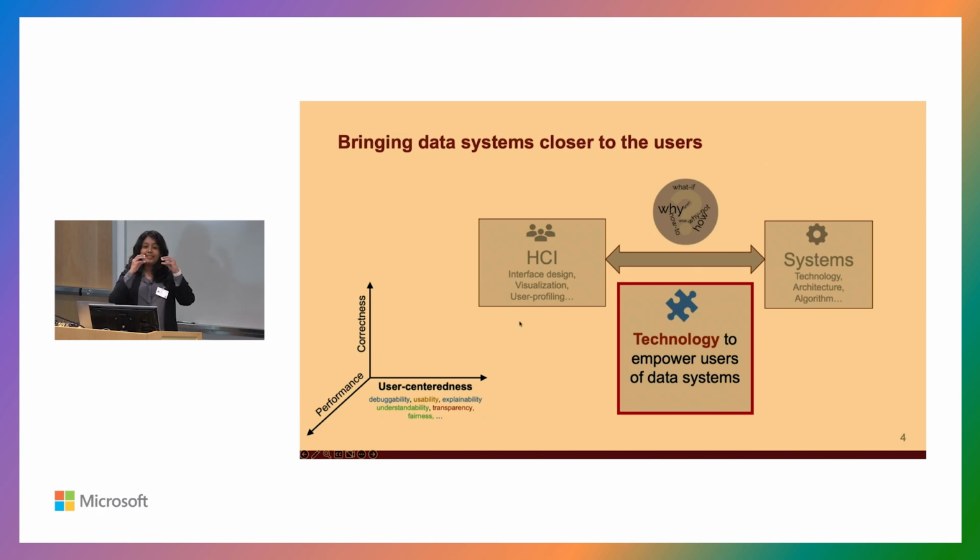So as a result, I see there is a missing piece of the puzzle: how can we connect these two things so that we can build systems while being aware that user needs have to be satisfied, and we can answer all these why-not and how-to questions. So that is the high-level research vision I have.